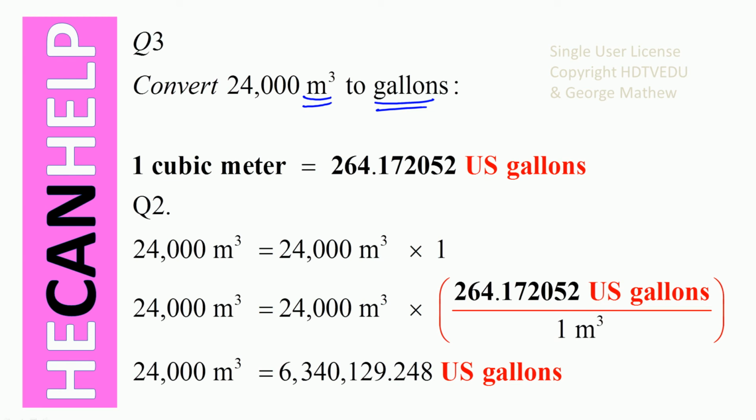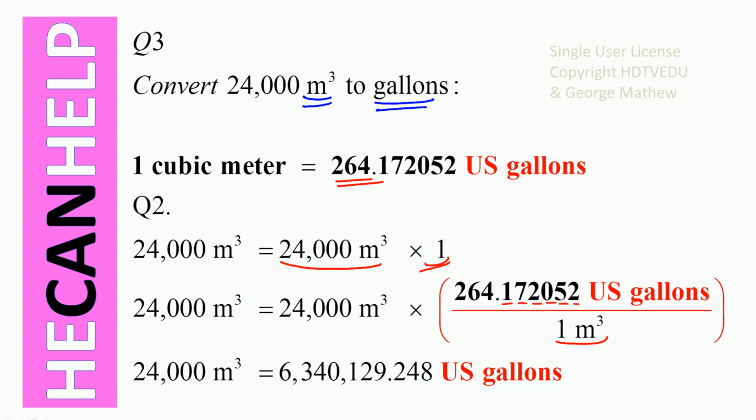Again, we need the conversion, and 1 cubic meter is equal to 264.172052 US gallons. So again, we take 24,000 meter cube, multiply by 1, replace 1 in such a way that we cancel meter cube. And what is 1 meter cube in US gallons? 264.172052 US gallons.